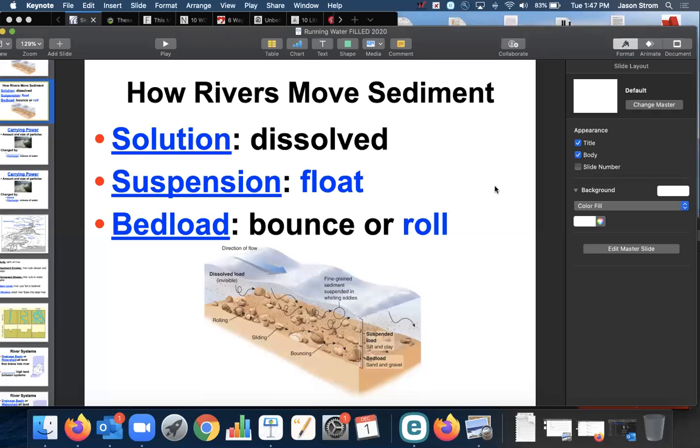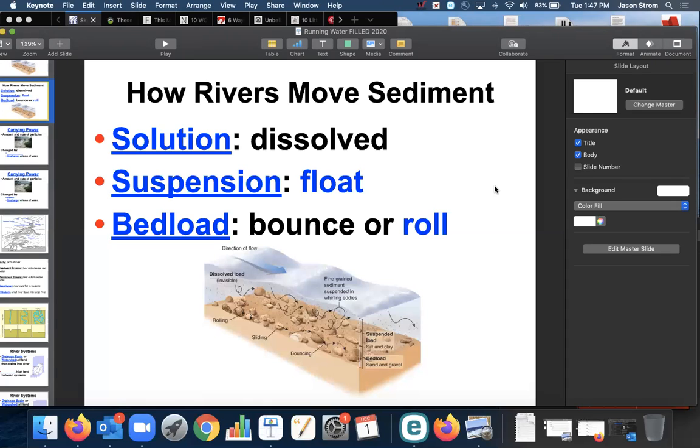And then bed load, the last one. This is stuff that's just pushed along the bottom. As water's flowing, it's pushing it along the bottom, and things are bouncing into it and colliding with them. That's why river rocks are smooth and rounded: any sort of point or sharp edge has been broken off, worn away, and eroded.